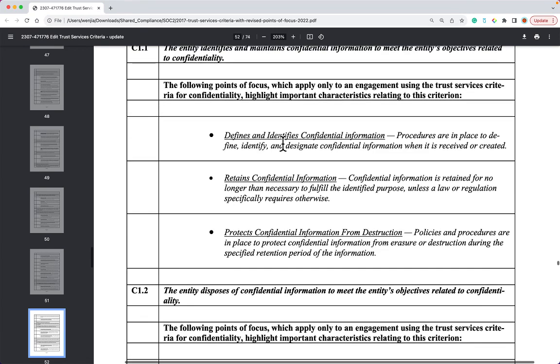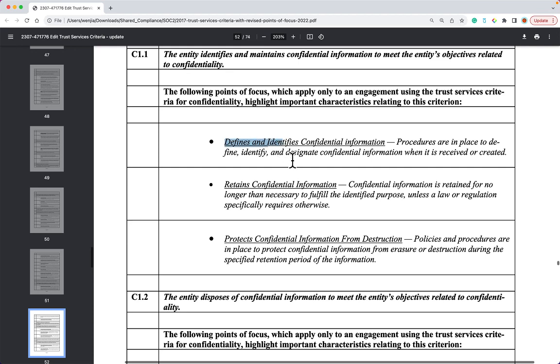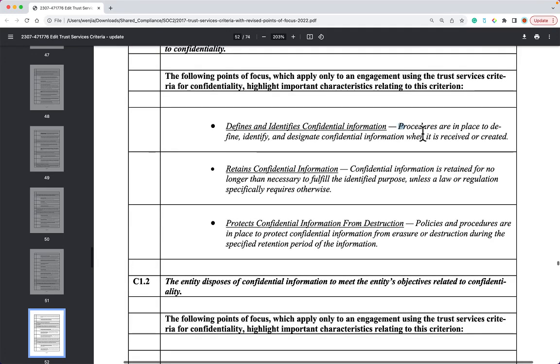So the first point is defines and identifies. Yeah, that's what we are talking about. So procedures are in place to define, identify, and designate confidential information when it is received or created. So when an organization starts using this guideline to do a risk assessment, they need to identify which information is confidential.